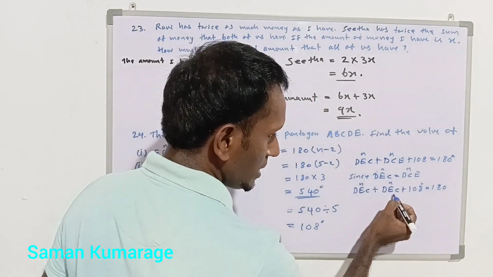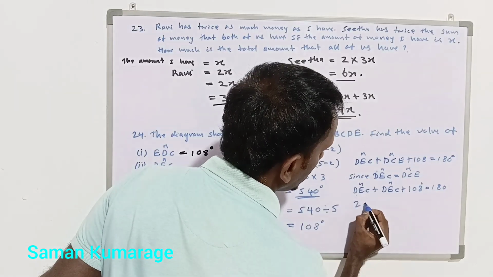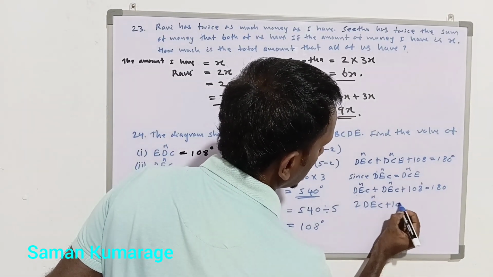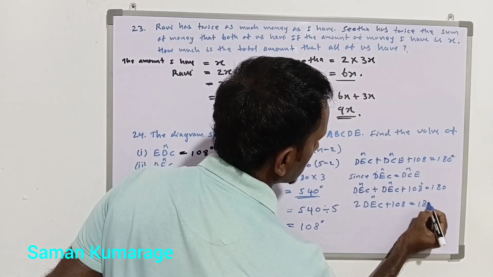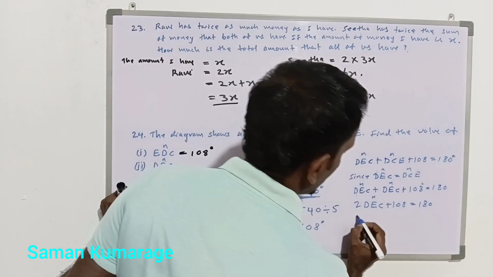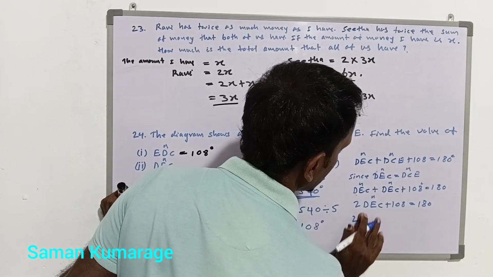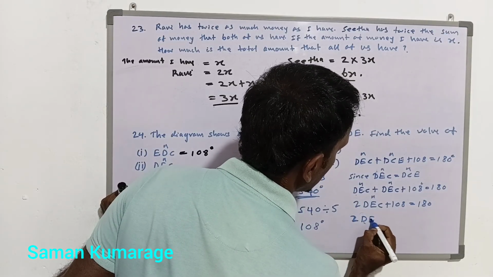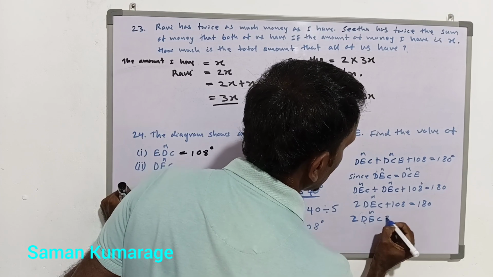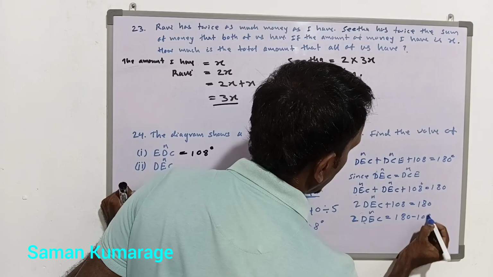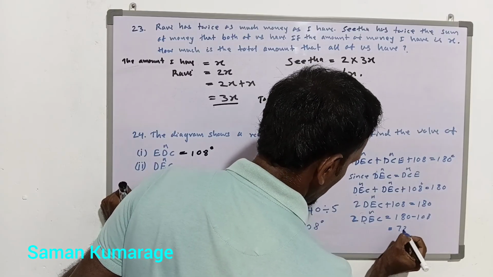Here DEC and DEC we can write as 2DEC plus 108 equals 180. Now 2DEC equals 180 minus 108, which is 72 degrees.